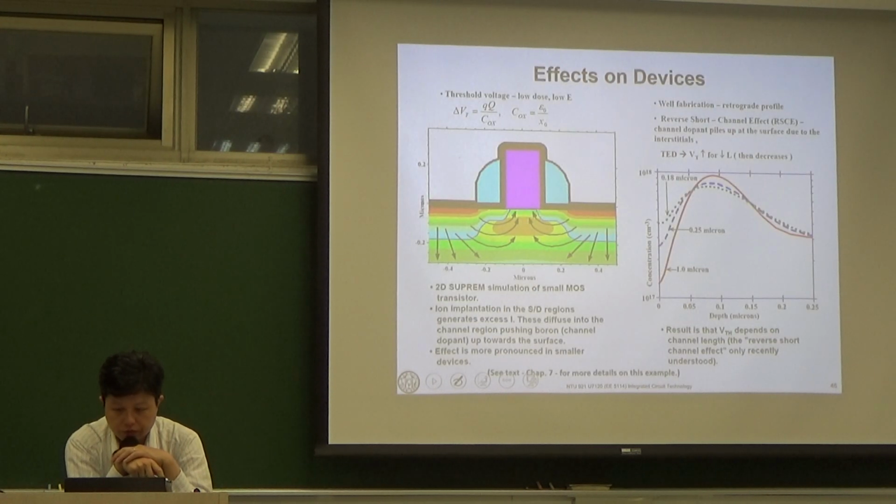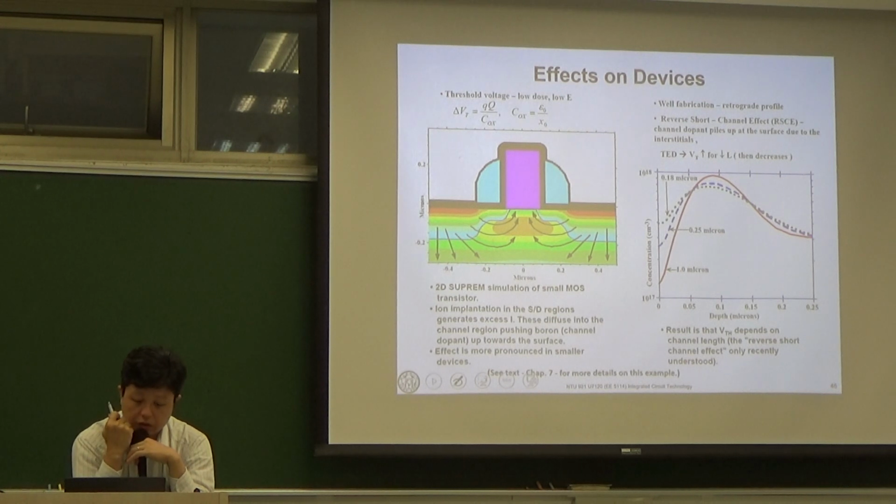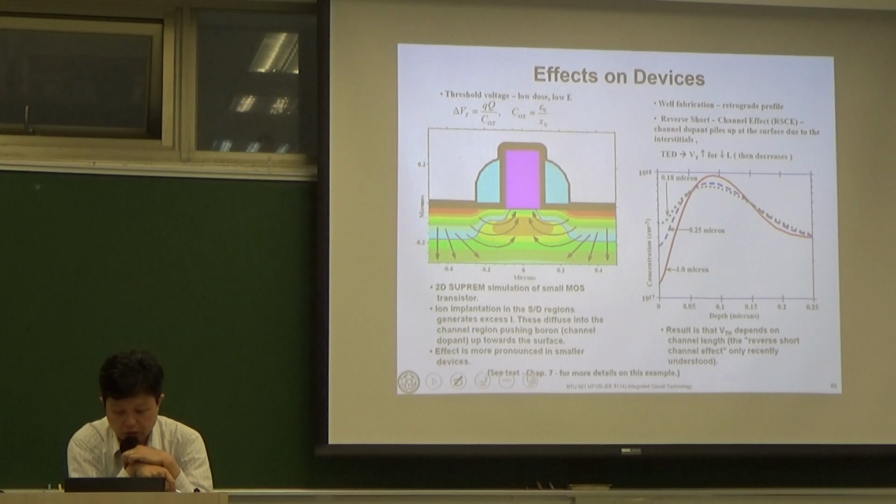And the effect on the devices: the figure on the left hand side is the same figure that I think we have seen in the diffusion in the last chapter.